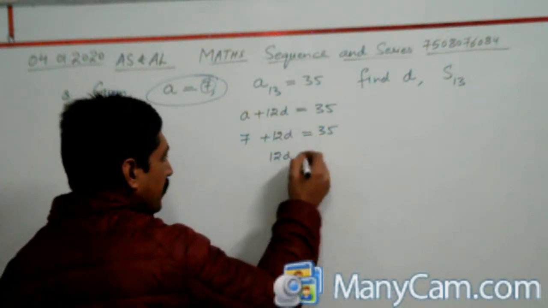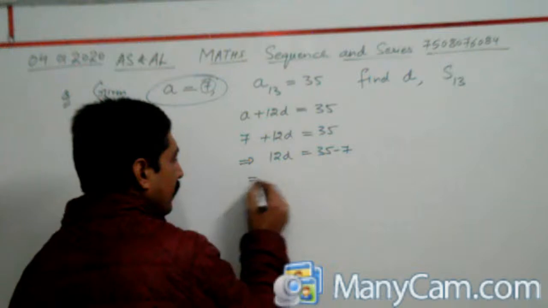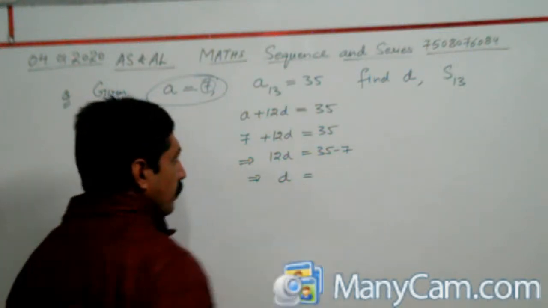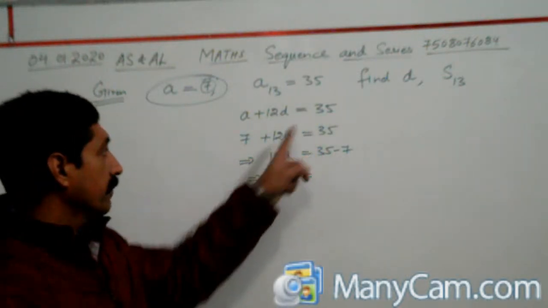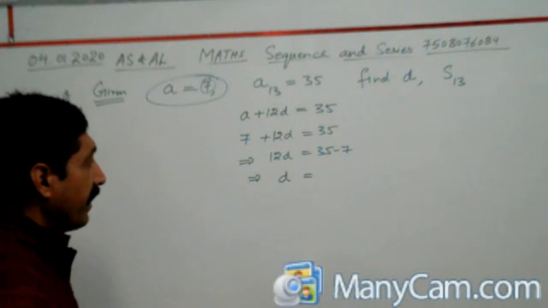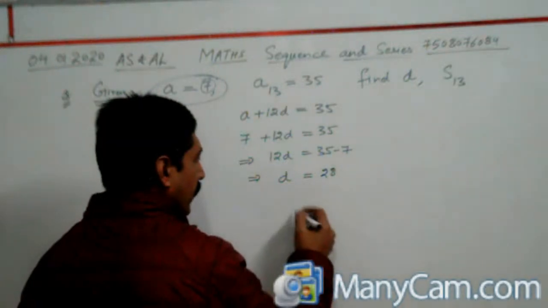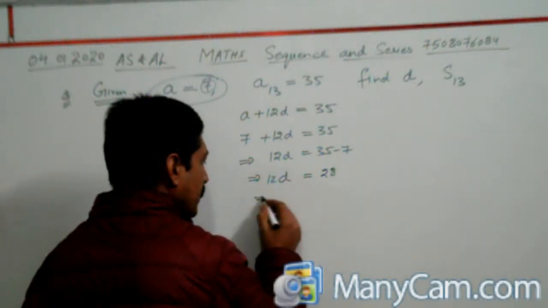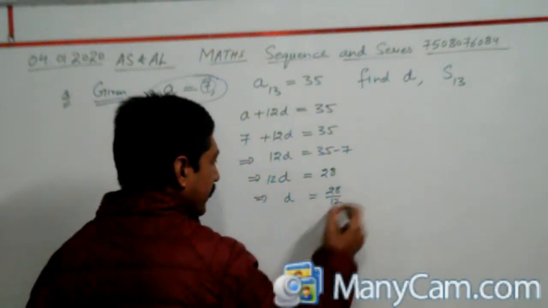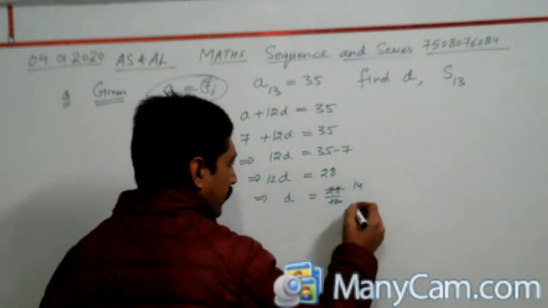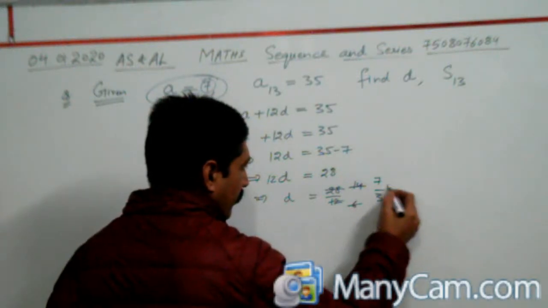So 12d is equal to 35 minus 7, that is 28. The common difference d is equal to 28 upon 12, which can be simplified to 7 upon 3.